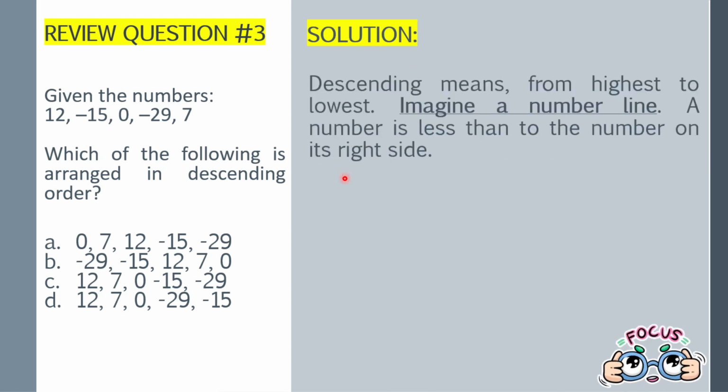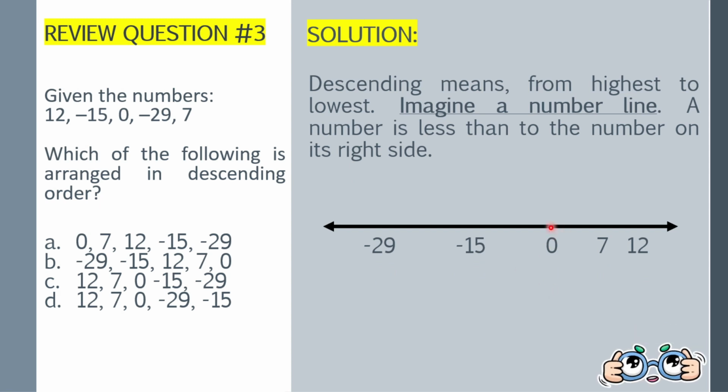So, solution. Descending means we arrange it from highest to lowest. To determine which one is highest, we have to use the number line. A number is less than the number on its right side. So, always remember that. Say for example, we have 0, and on the right of 0, we have 1, 2, 3, 4, 5, 6, 7, 8, 9, 10, 11, 12.